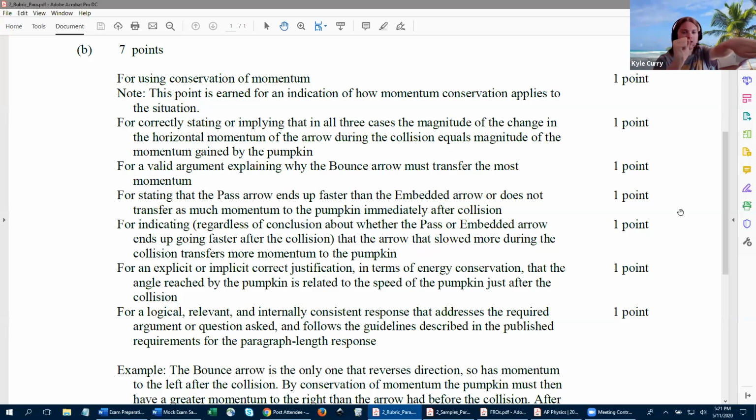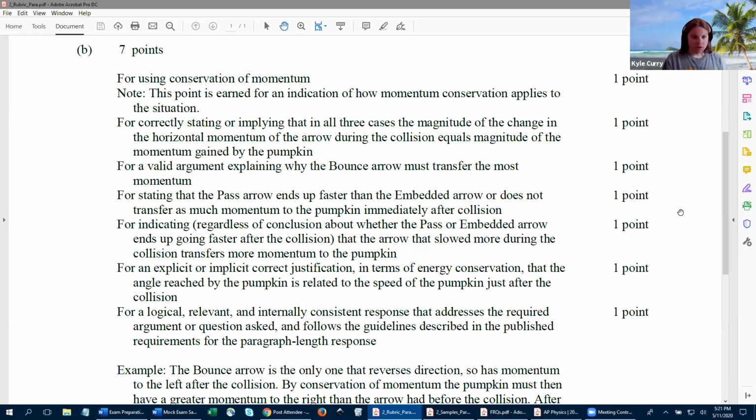For momentum to be conserved, this pumpkin is going to have to gain enough momentum to not only offset the momentum of the arrow going in this other way, but the pumpkin is also going to have to have additional momentum that is essentially the initial momentum of the arrow as it was traveling in its original direction. That would be an example of how to earn that point.